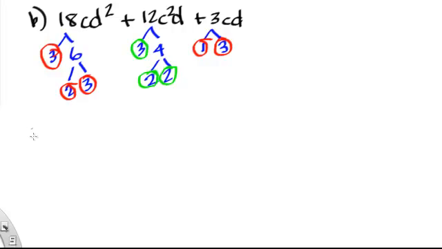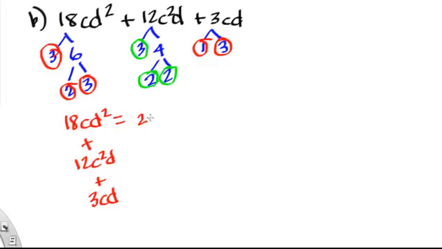So now I write down the factors of each term: 18cd squared plus 12c squared d plus 3cd. I write the factors right next to each one.